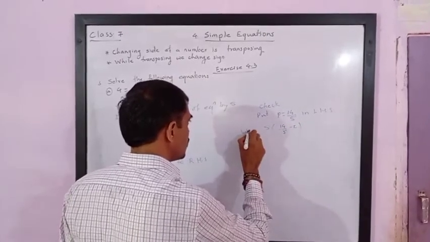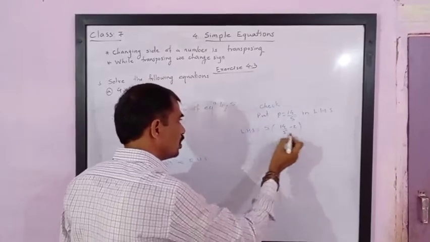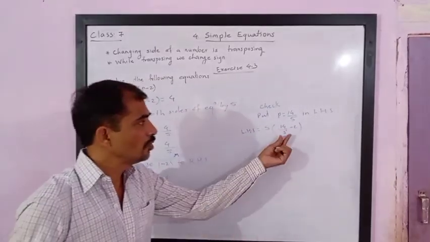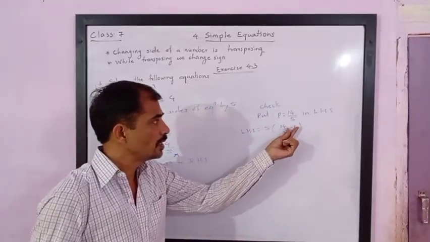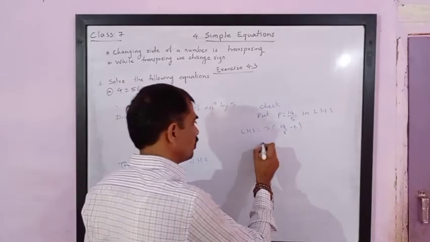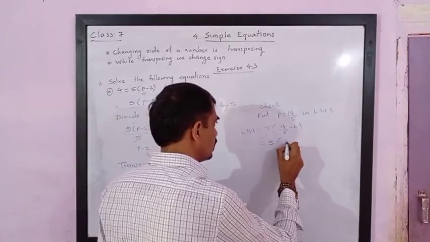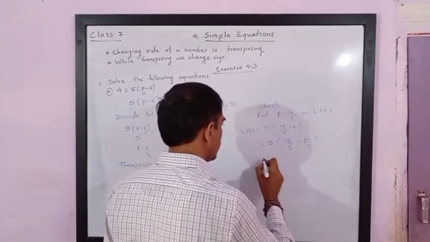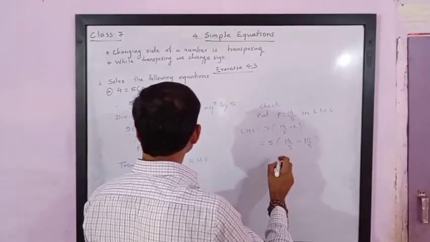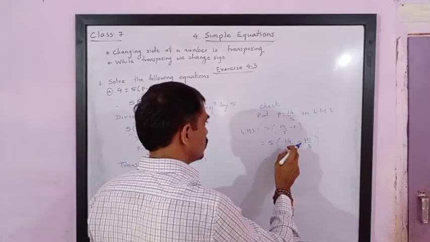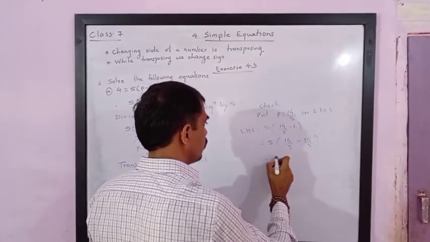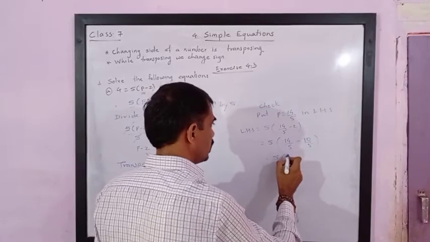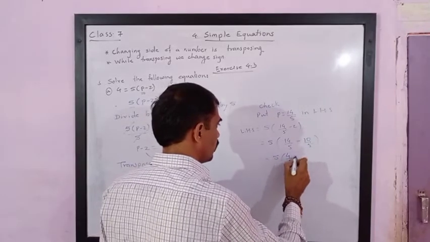This is our LHS. Now, in order to solve the bracket first, we need to cross multiply this. So you will get 5 in bracket 14 upon 5 minus 10 upon 5, that is equal to 5 in bracket 4 upon 5.